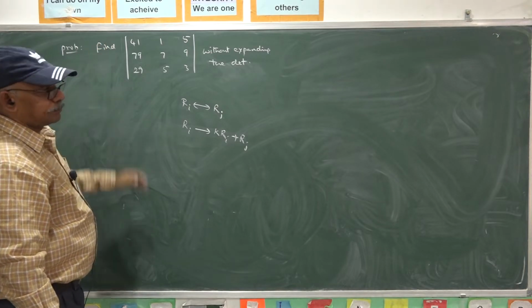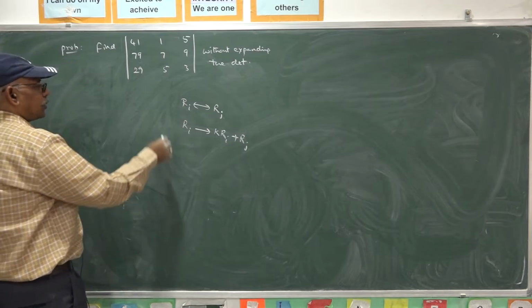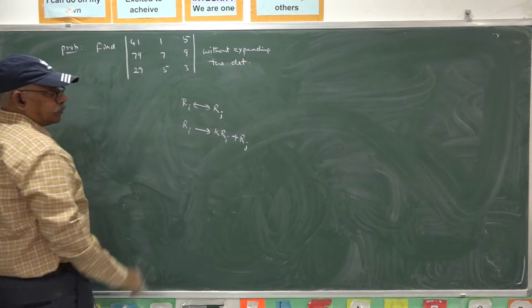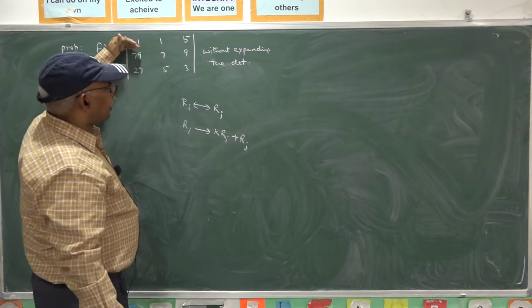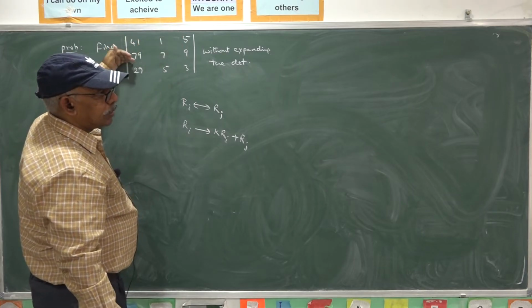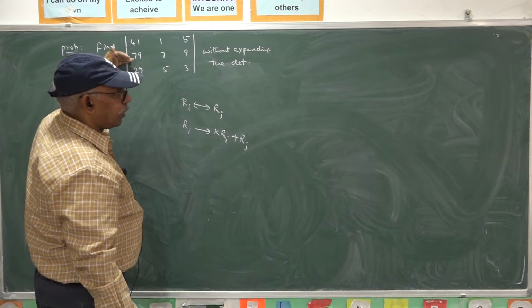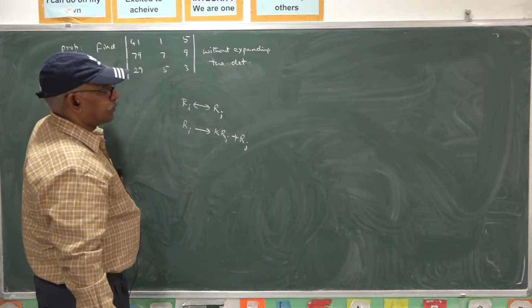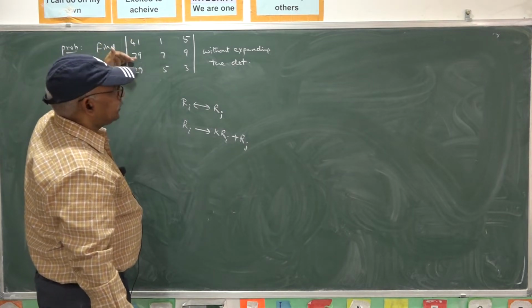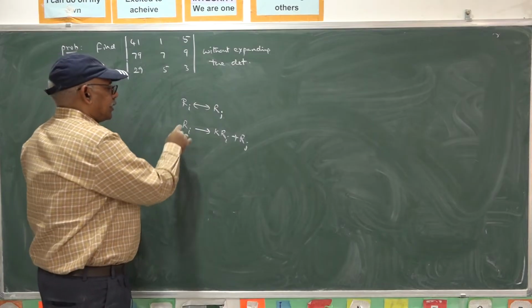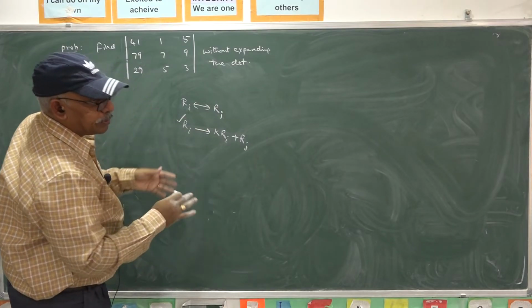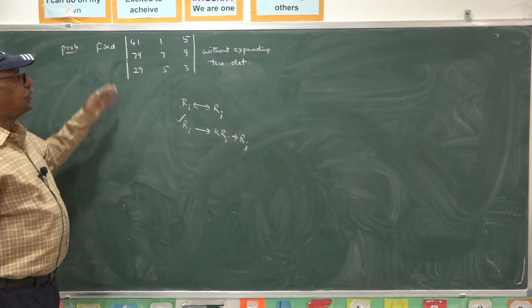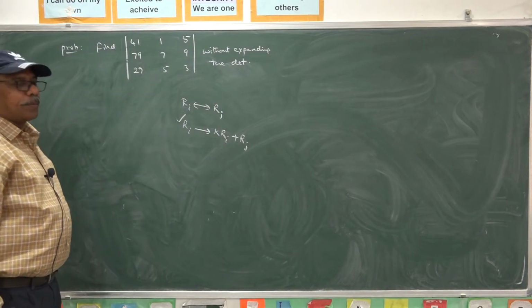You observe that one. Once you multiply the elements of a row with a constant and add to the corresponding elements of another row, the determinant value does not change. This is one transformation, one change of the determinant.